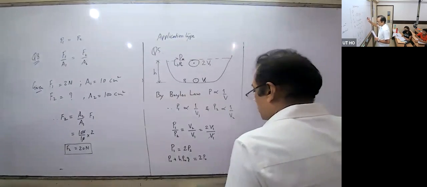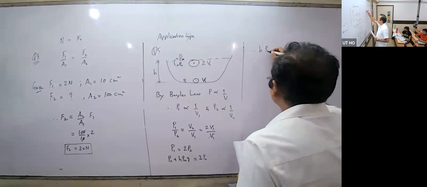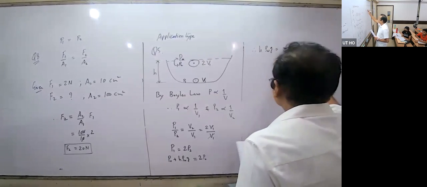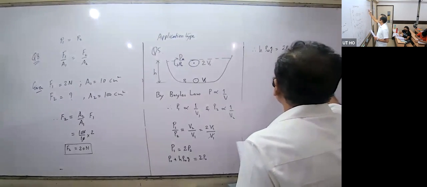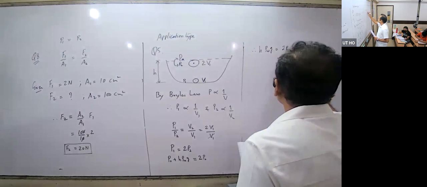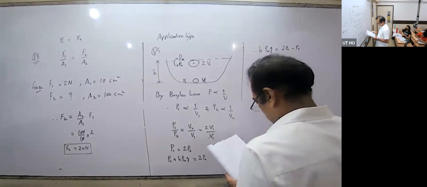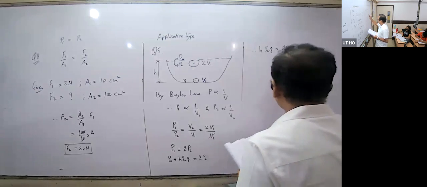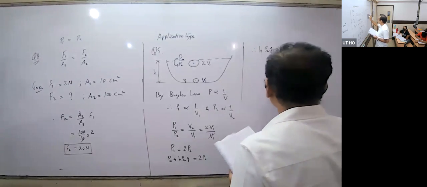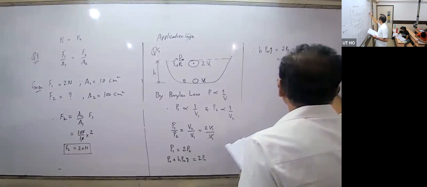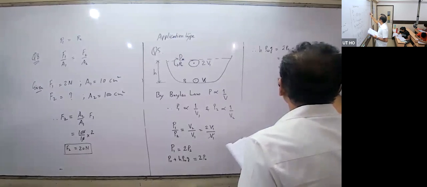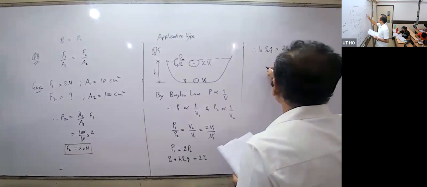So therefore, what is H? H rho water G equal to 2 P naught minus P naught, equal to P naught. And this is equal to 0.76 meter of height into 13.6 into 10 raised to 3, into G. So G will be cancelled from both sides.